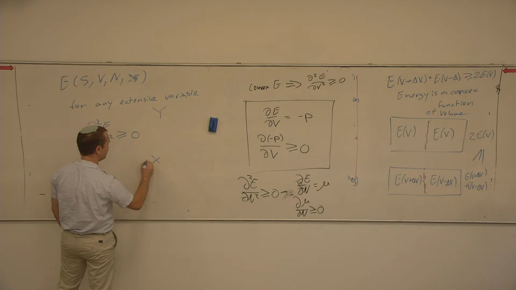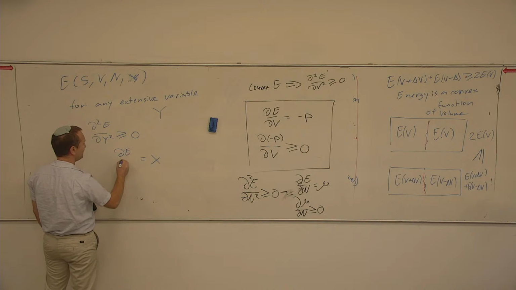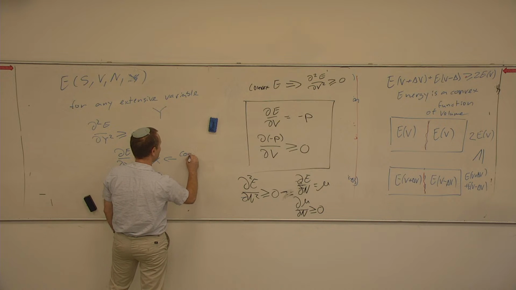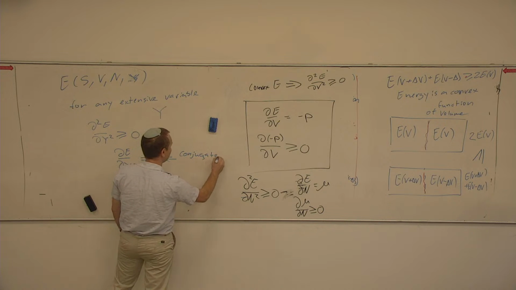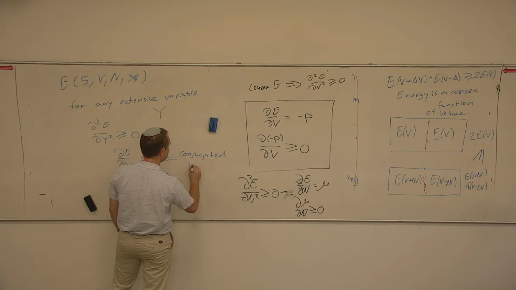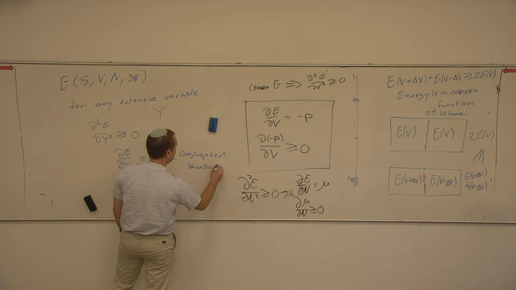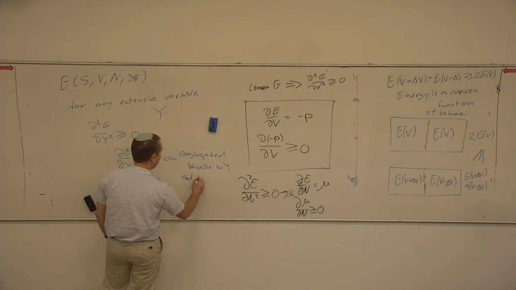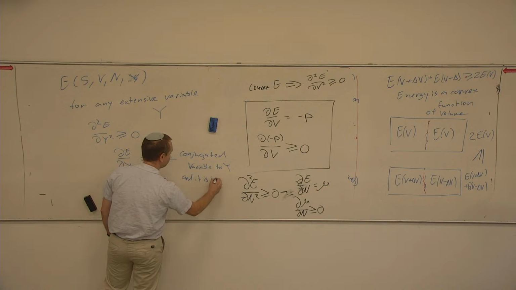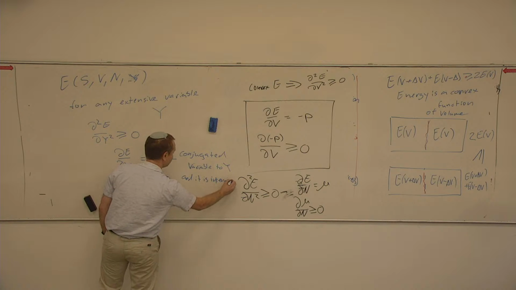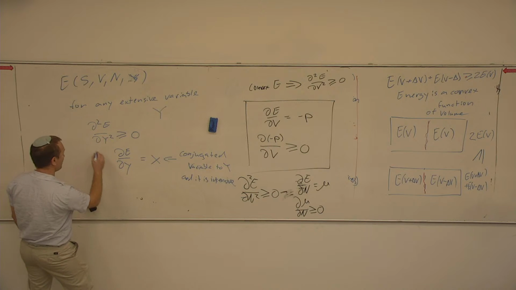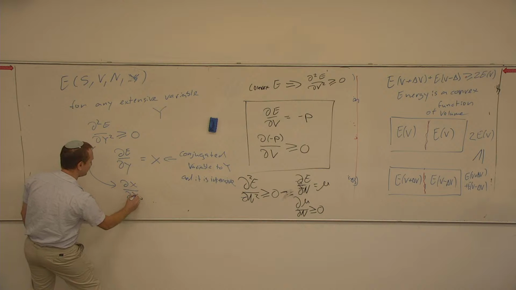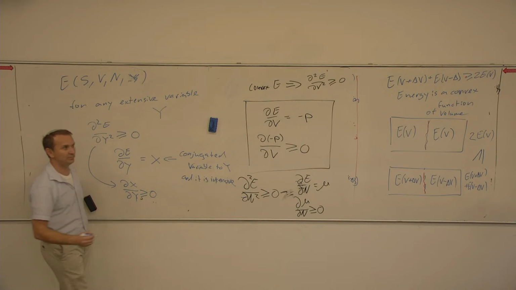X equals dE over dY, X conjugated to that variable Y, and it is intensive. And from here, we're going to get that dX over dY is going to be greater than 0.